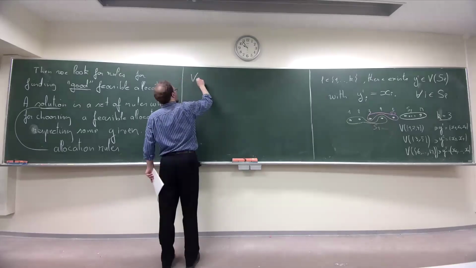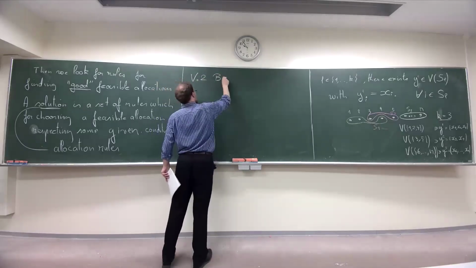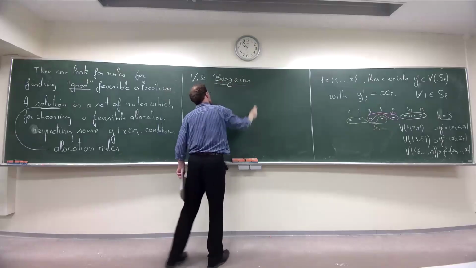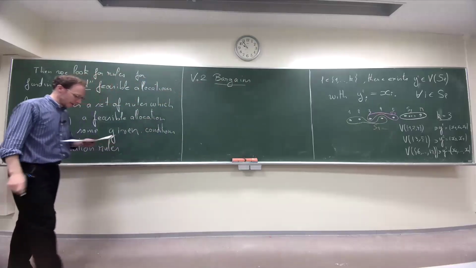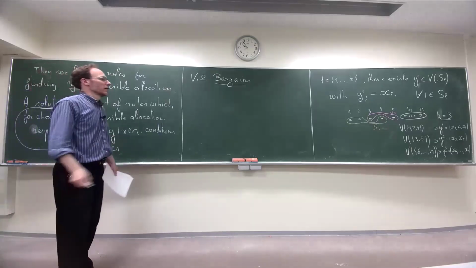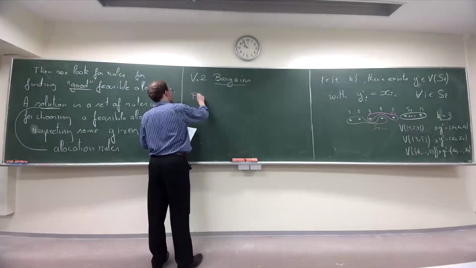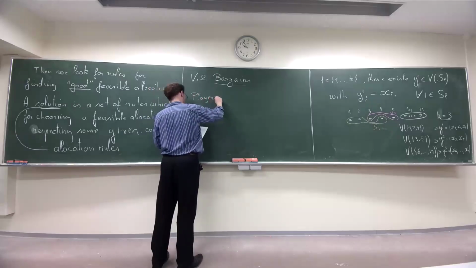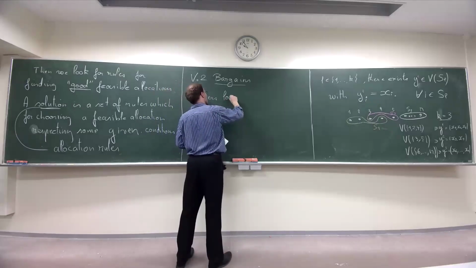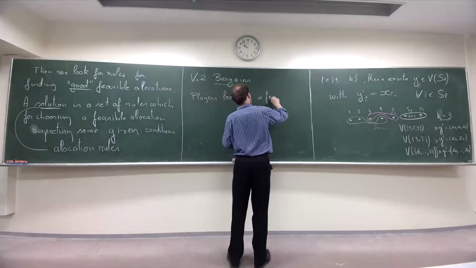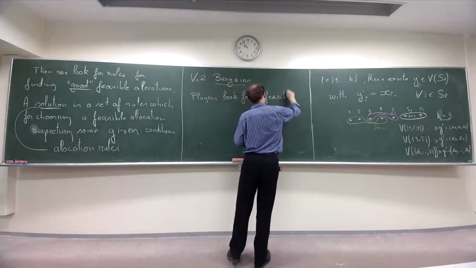Okay, so 5.2 about bargains. As I said, this is a rather simple subset in what I will introduce. So the idea is here players look for a feasible allocation.